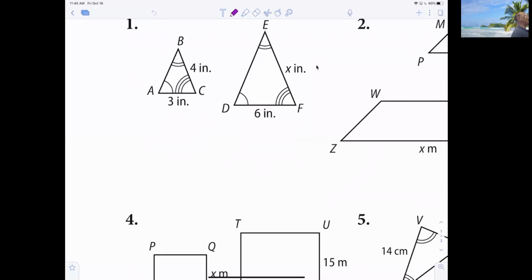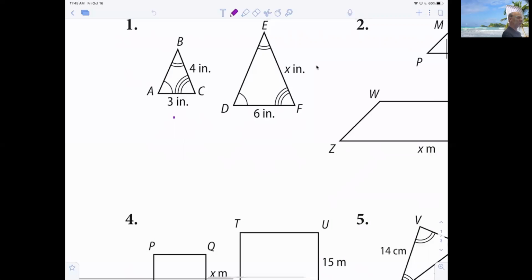How do you determine how many times something is? That's the weird thing about math. If I say how many times bigger, you don't multiply, you divide to figure that out. So you should have said, 6 divided by 3 is what? So the large triangle is 2 times bigger.